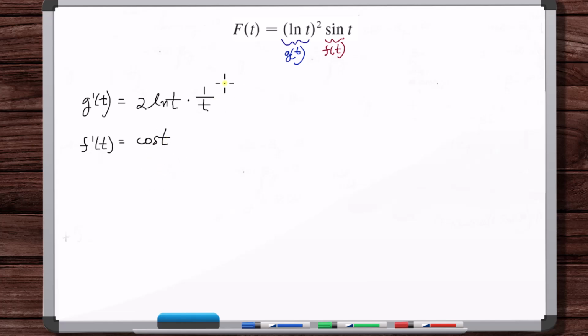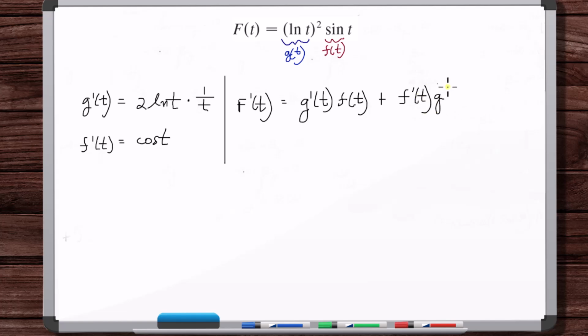So f prime of t is the derivative of the first times the second plus the derivative of the second times the first.